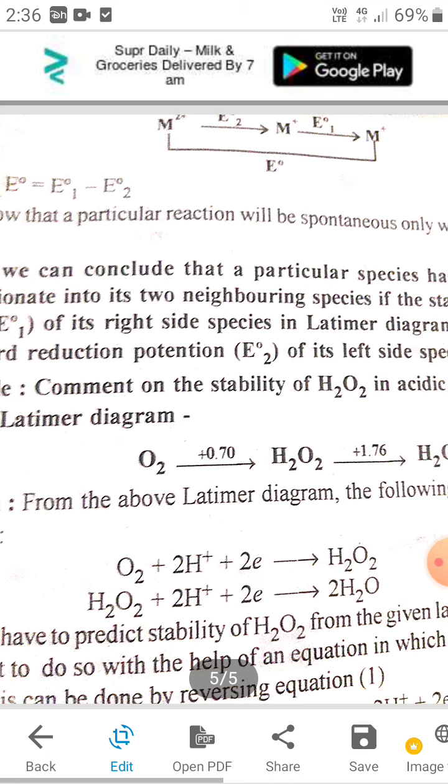In the Latimer diagram, the E10 of 1.76 V is greater than the E20 of 1.70 V. Thus, H2O2 will undergo spontaneous disproportionation. When the electrode potential of one half reaction is greater than the other half, we have disproportionation reactions.